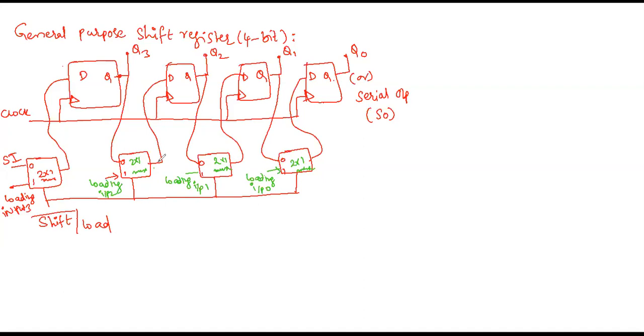Now, this diagram can act as serial in serial out, serial in parallel out, parallel in serial out, parallel in parallel out. Now, what is the function of the shift bar by load signal? If shift bar by load is equal to 0, the above register will do the shifting of its contents.